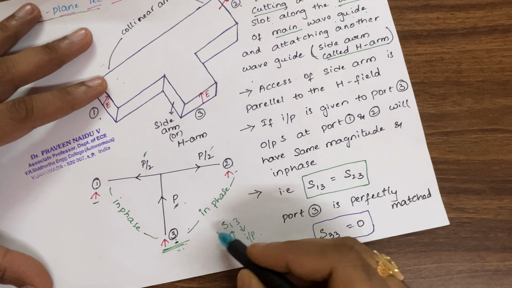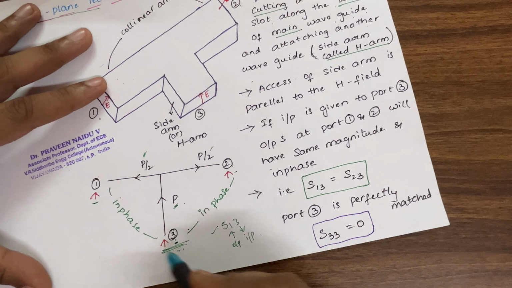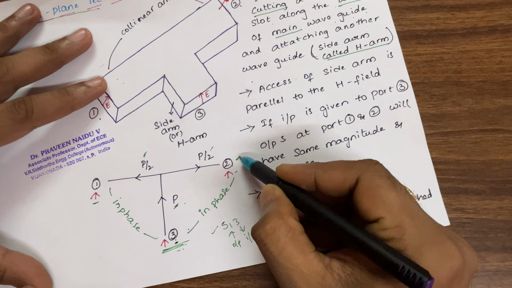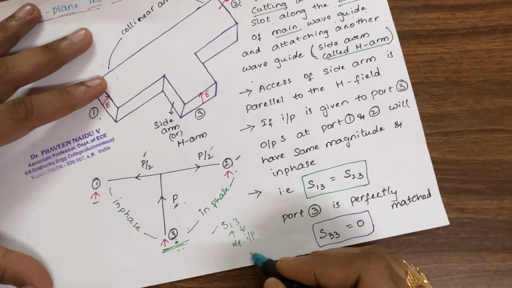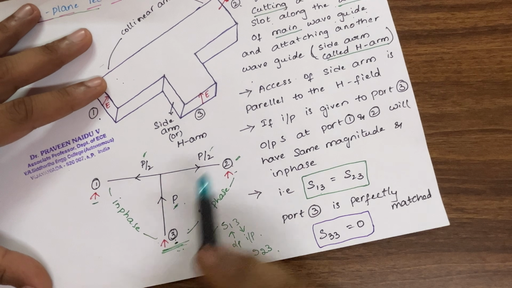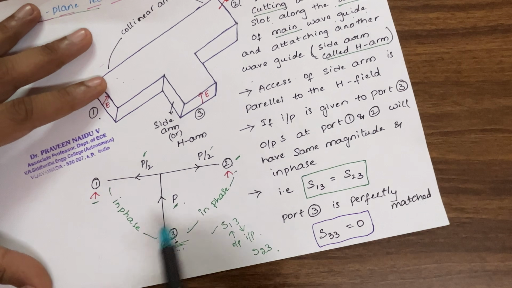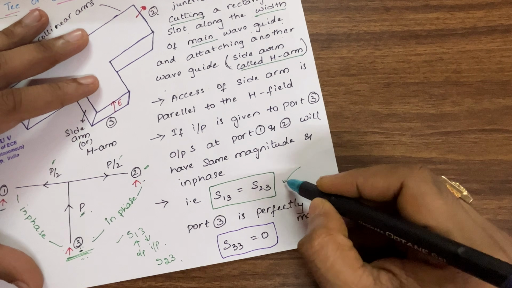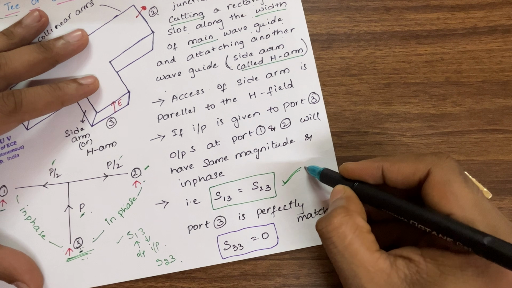So I am going to have S13 between 1 and 3, and between 2 and 3 I am going to measure at port number 2 by giving input at 3. That will be our S23. Both have equal magnitude and both are in phase with each other. So we can write S13 is equal to S23.